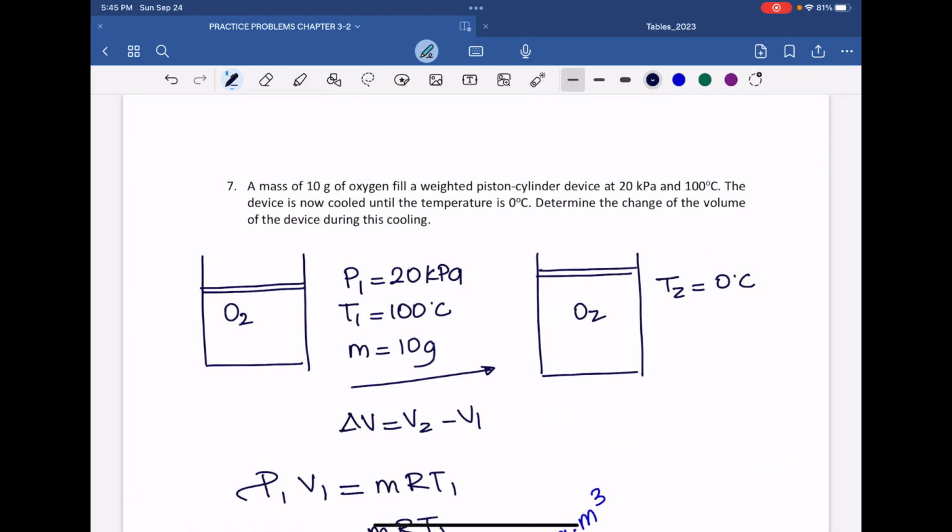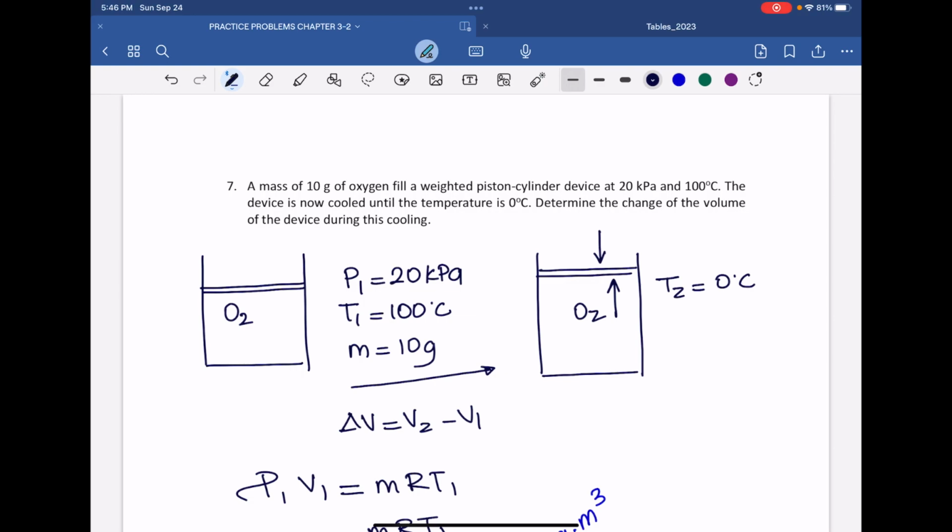Okay. Now, they didn't specifically tell us this is a constant pressure process. But many times it is a right assumption to make where if this is a piston cylinder device and they are not talking about extra weight added on top of the piston, we should expect the pressure inside not to change. Because remember, the inside pressure comes from the force balance.